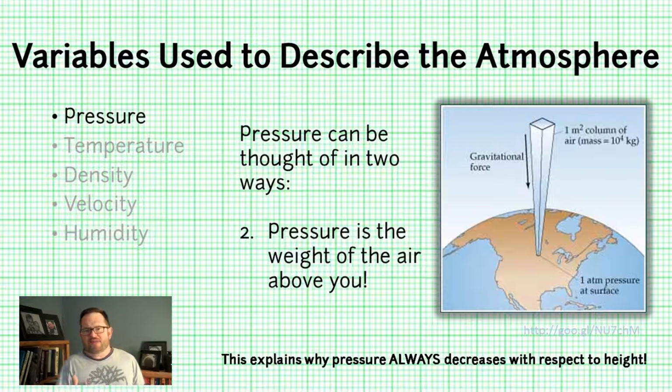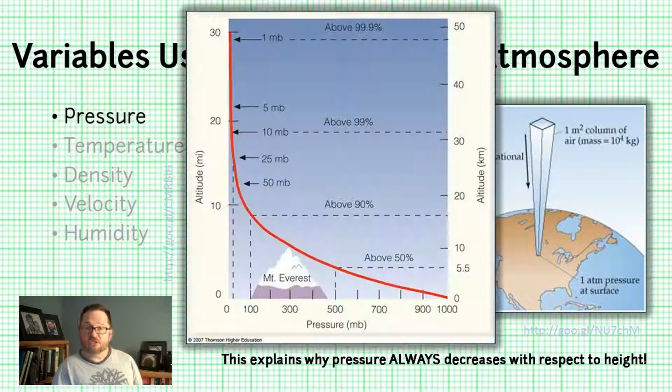The most useful thing about that understanding of pressure is that it makes it very clear that pressure is always decreasing with respect to height. That first explanation, of the force of all these little molecules hitting a surface, doesn't really explain the fact that we know pressure always decreases with height when we take measurements. Well, if you know that pressure is the weight of the air above you, that makes good sense, because as you go up, there can only be less air above you than there was when you were lower, since now some of the air is below you.